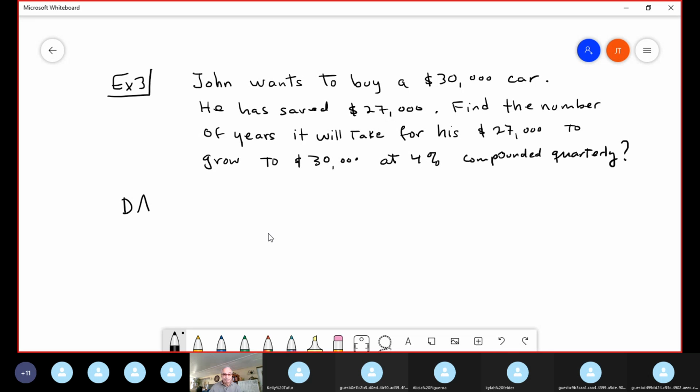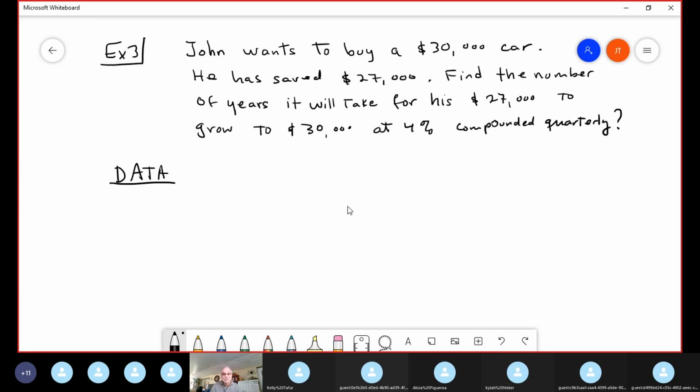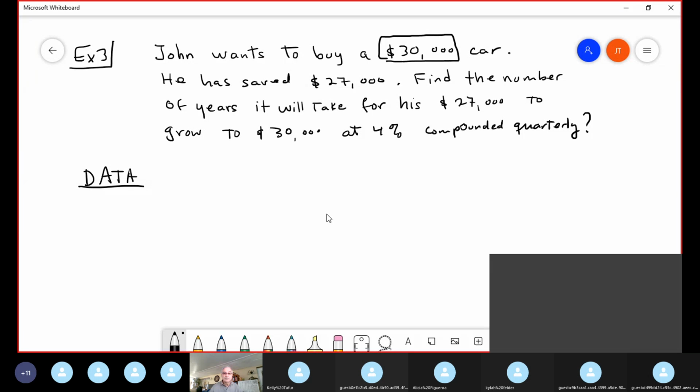Let me try to understand this problem. What information is given? What information am I trying to look for? Who is 30,000? Capital A, the future value. Very well.